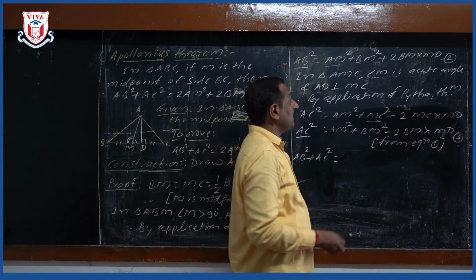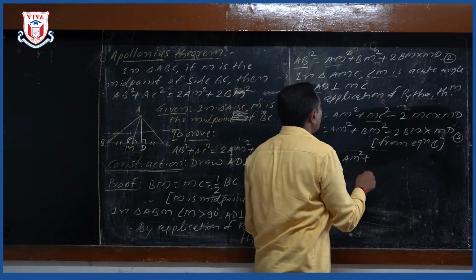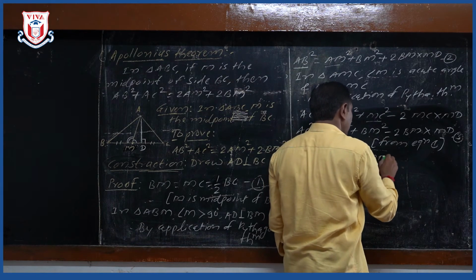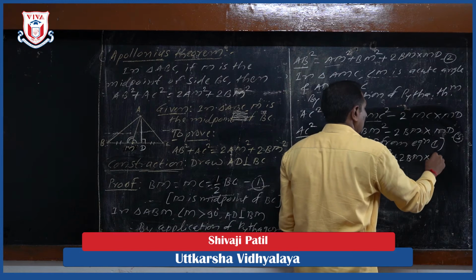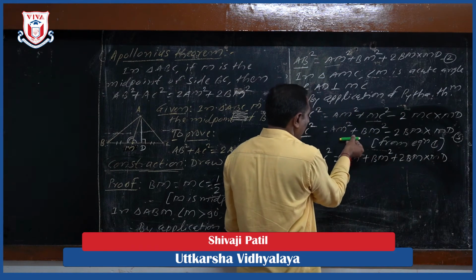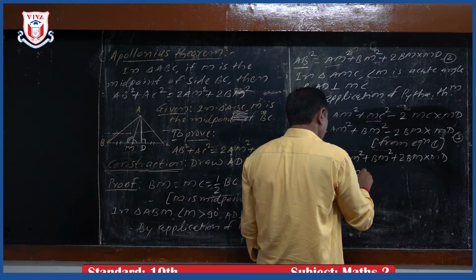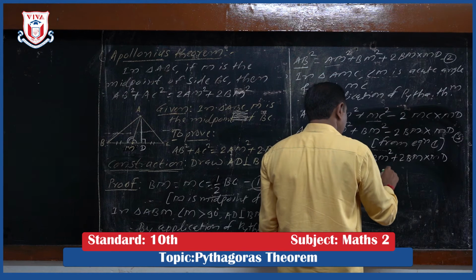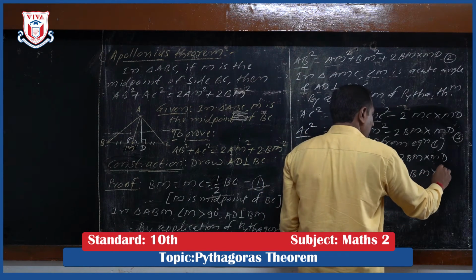This is equal to the RHS of equation 2, AM square plus BM square plus 2 times BM into MD, plus the RHS of equation 3, AM square plus BM square minus 2 times BM into MD.